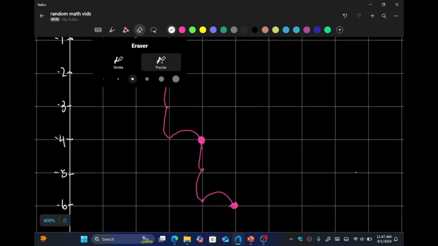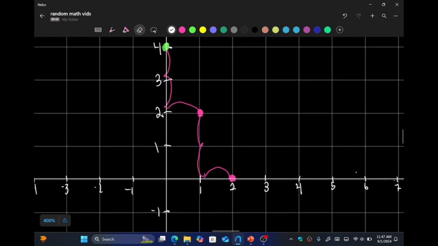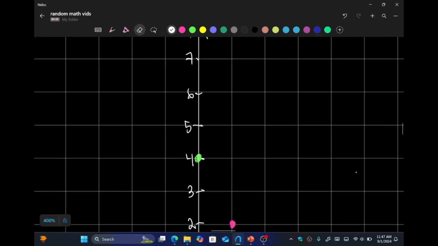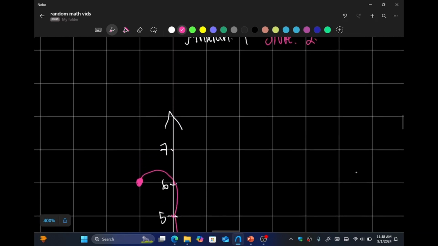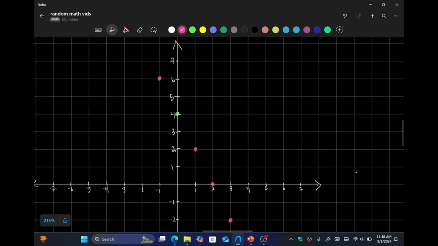So now let me just erase these here. And this time now we're just gonna go up 2 to the left 1 unit, and then again up 2 to the left 1 unit, and then that'll be it for that. So now our goal here is we're gonna just draw a solid line.